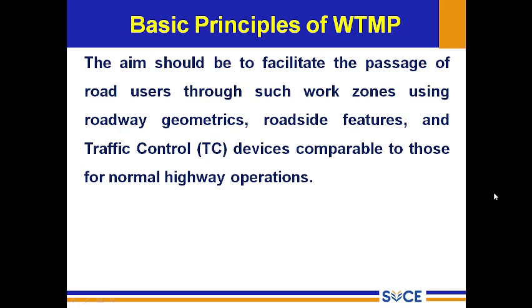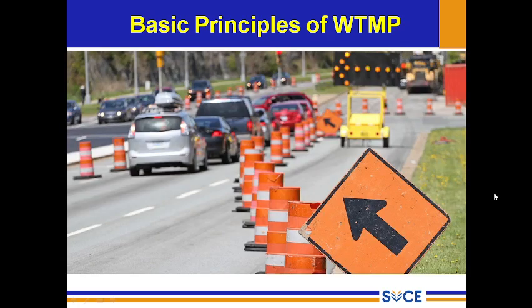You have to plan the separation of workspace and traffic movement. There should not be any confusion. Where the work zone is and where the traffic path is should be clearly defined, with proper indication markings or roadside studs, whatever may be required.